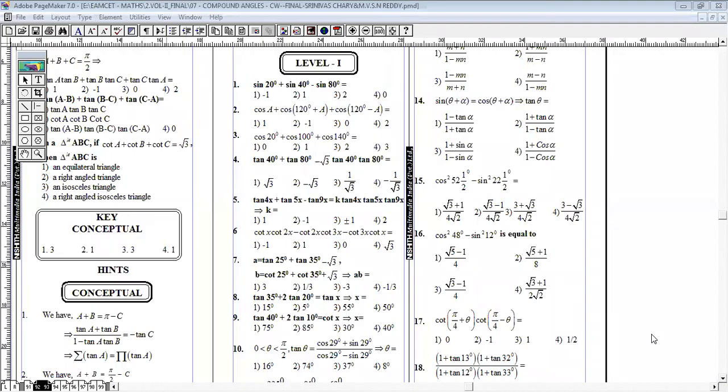Next, look at problem number 3. Observe this problem. Cos 20 plus cos 100. 100 can be written as 120 minus 20, and 140 as 120 plus 20, right?